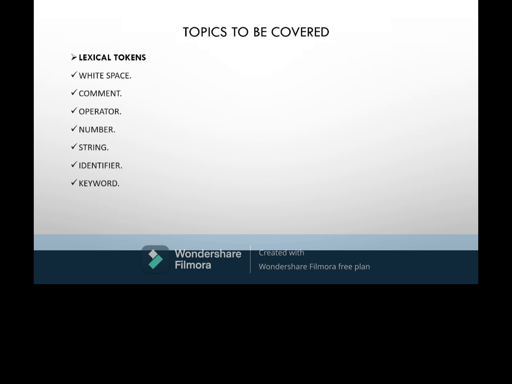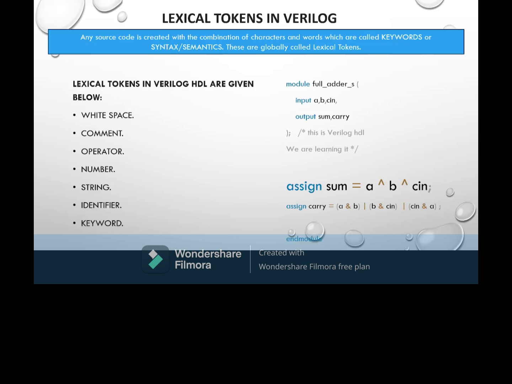Fine. So we have discussed various lexical tokens. They seem very simple, like when anyone asks you what is the operator, what is the comment, you can easily say. But even though they seem simple, they are the foundation, the basics. Lexical tokens are just syntax.